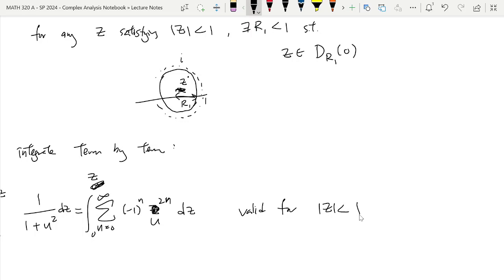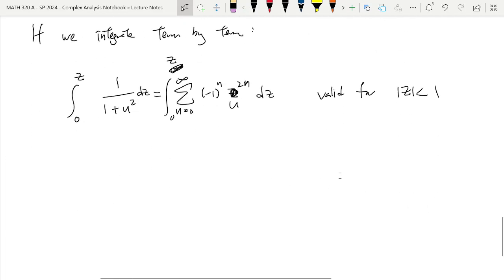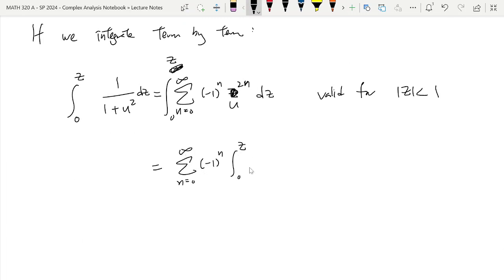So if it's valid for the same radius, then what you get on the right hand side is the summation n from 0 to infinity, assuming you can switch the order, even though it's infinitely many, of the integral of u to power 2n du. Integrating u to power 2n is super easy, right?